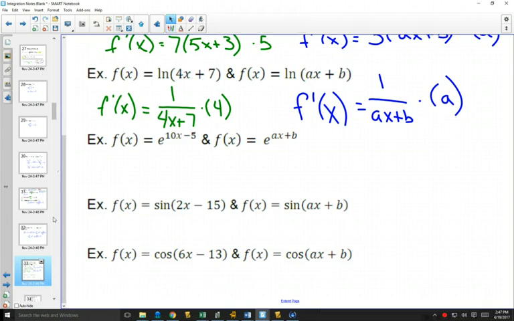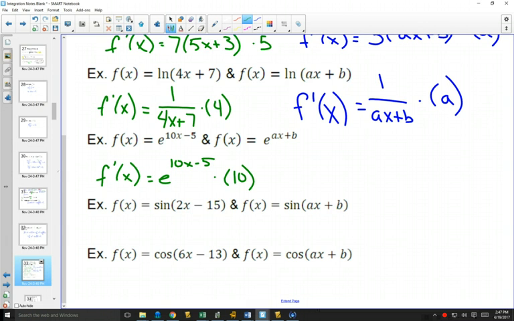So we start to put this form ax plus b into every type of derivative that we can think of. Inside of an e to the x, the derivative would be, well, e to the x, everything stays the same, but then it's a chain rule, so I'd have to multiply by 10.